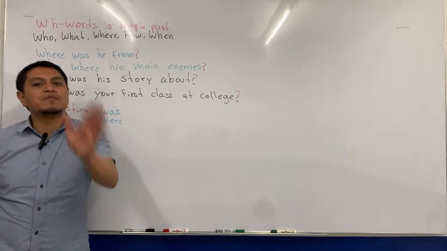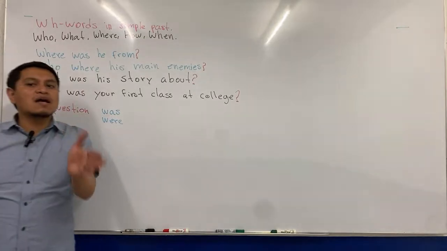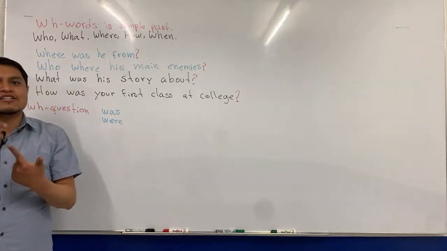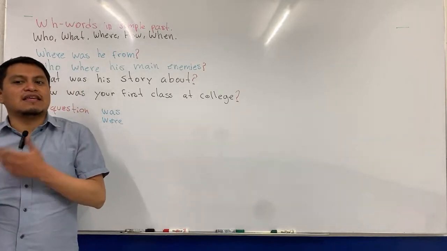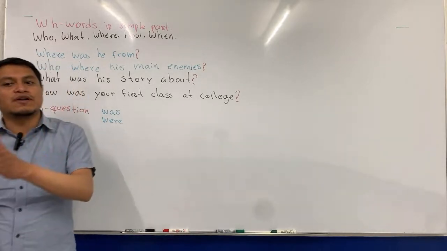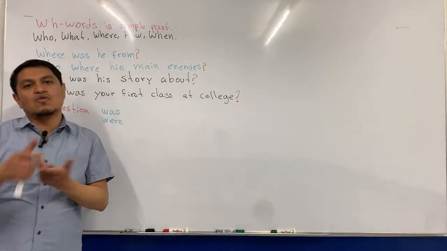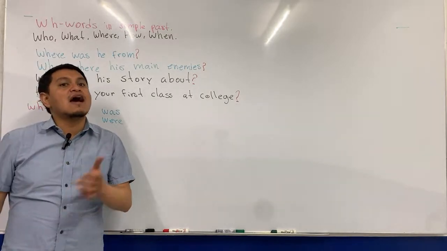Right? Remember that the form was is used for I, she, he, and it. Also, the form were is used for you, we, and they. Right?